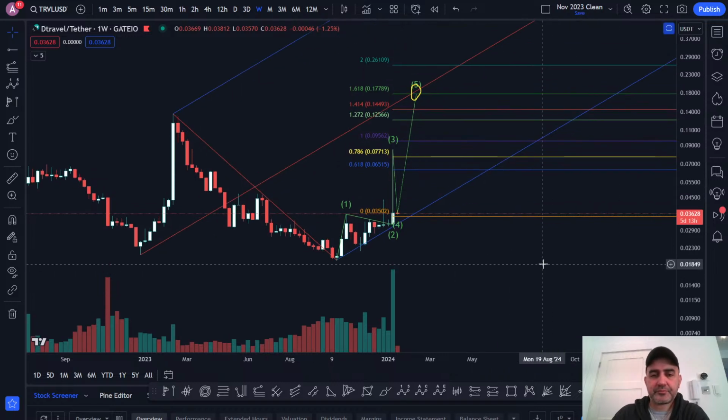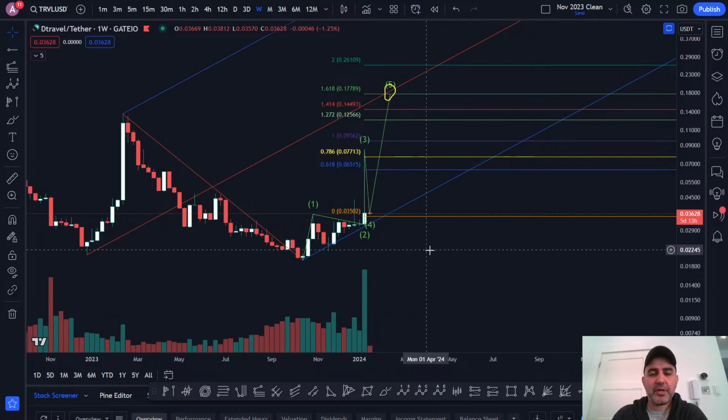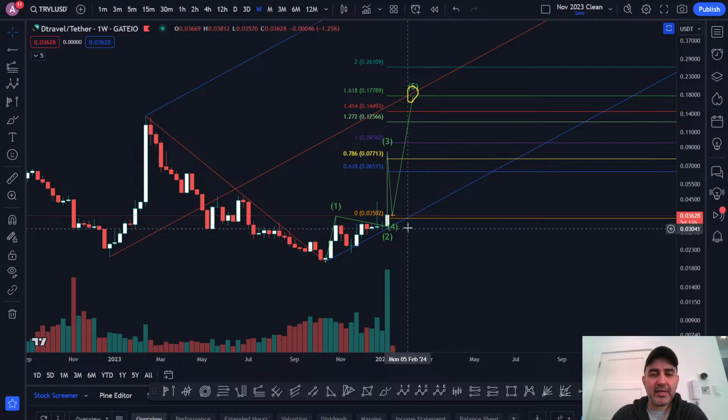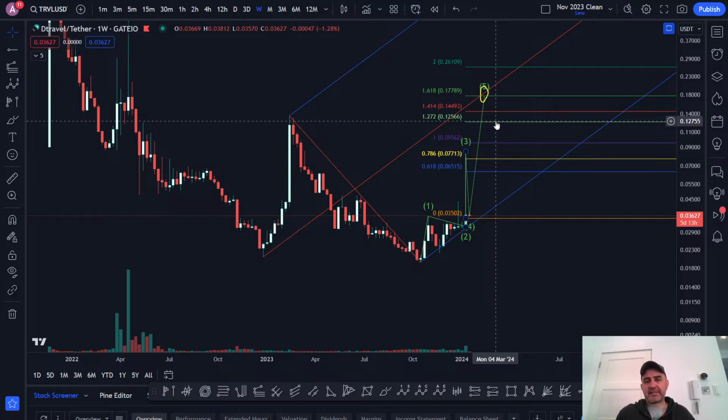And if we've just created a 3 of the wave 1 and we're now forming a 4, we're looking for an ABC correction of the 4, then potentially on the wave 5 we're going to expand all the way up to the midpoint of the pitchfork, which will also correspond with the 1.618, roughly about, on gate it says 18 cents, but I think that the level is about between 18, 19, 20.